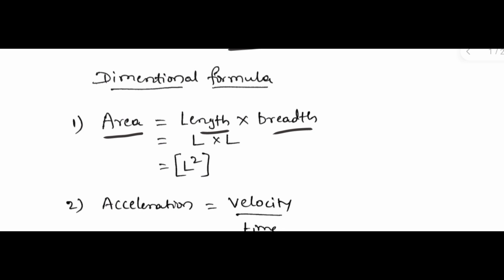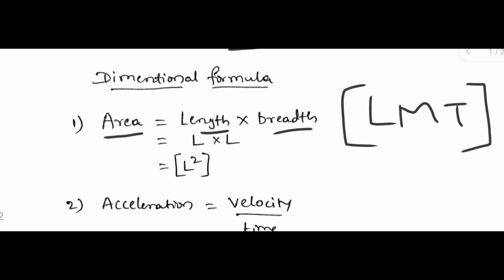Any physical quantity we can express in terms of length, mass, time, that is LMT. We have to represent the physical quantity always in square brackets. Considering the area, L power is 2.